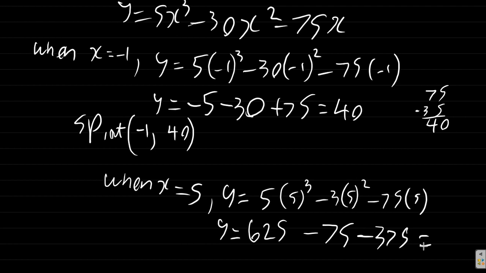When you work out all of this, you get 625 minus 750 minus 375, giving us negative 175? So the other point is at 5, 175.